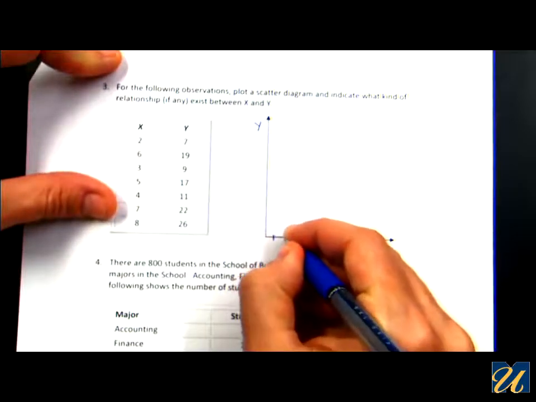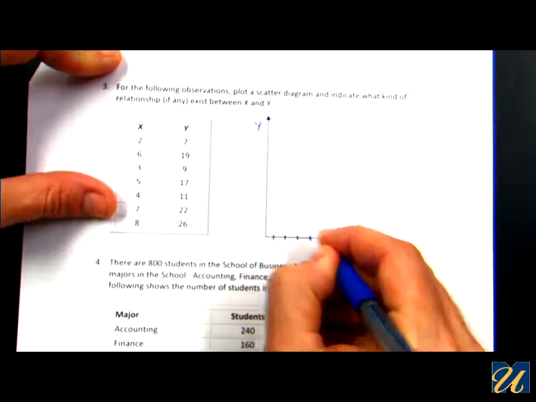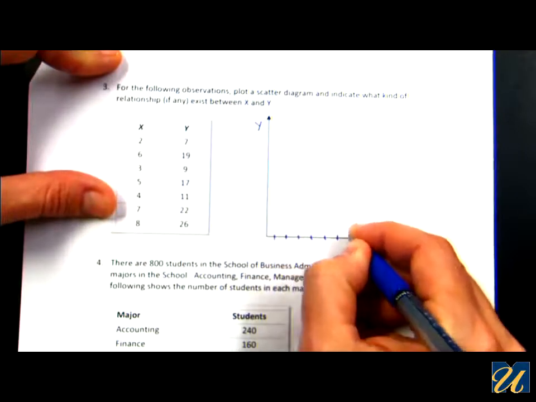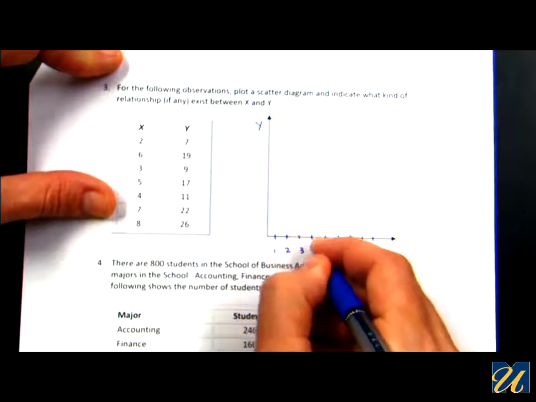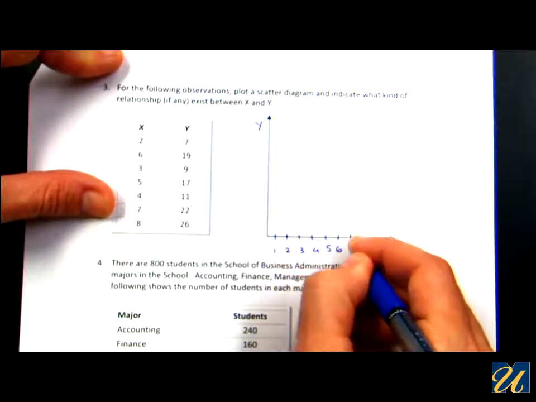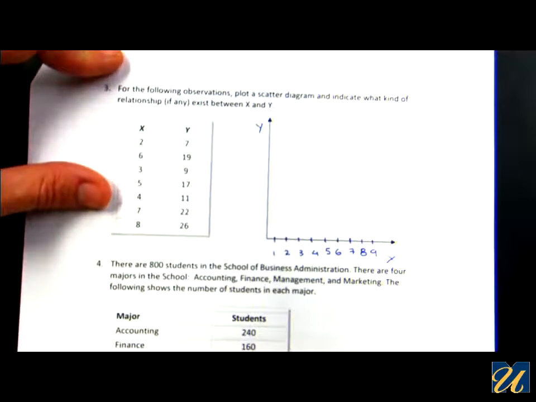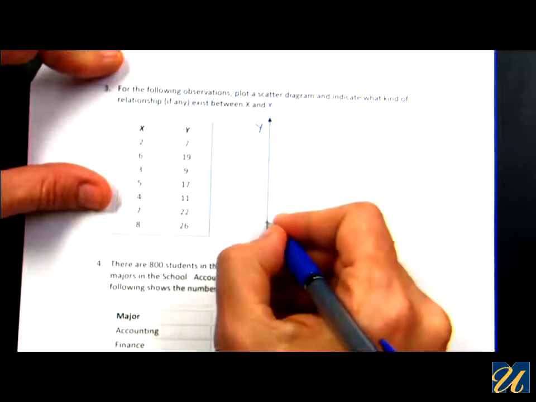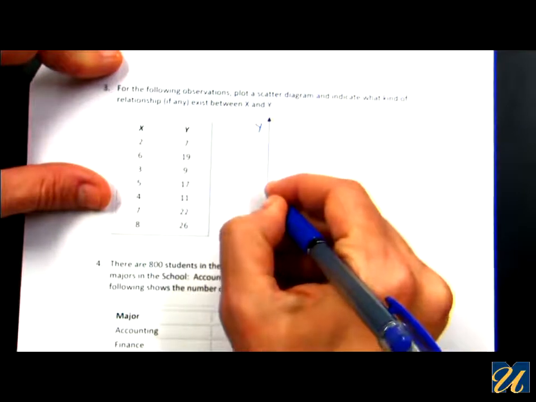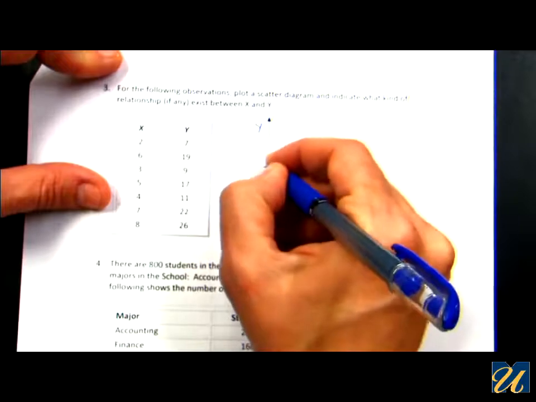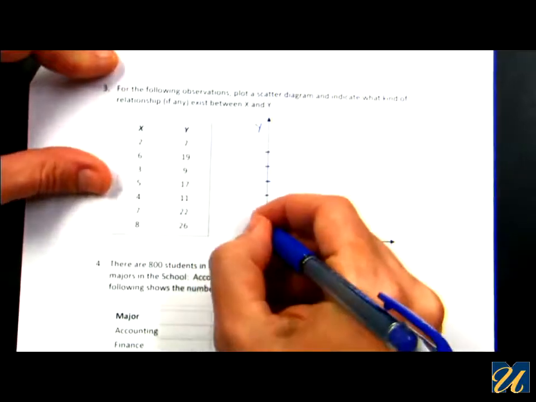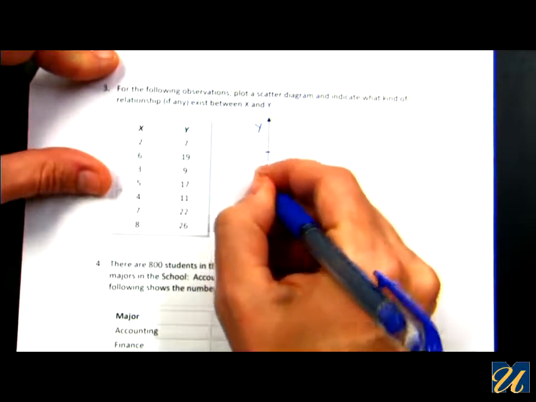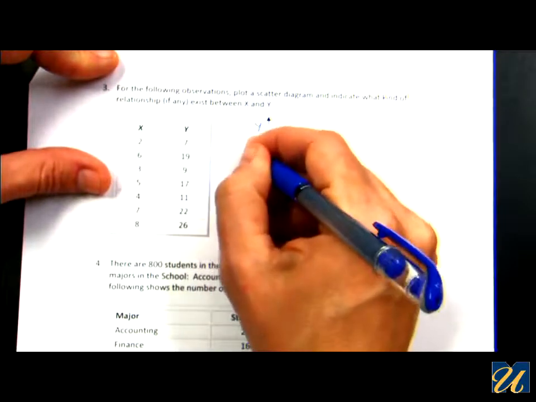So I have 1, 2, 3, 4, 5, 6, 7, 8, and then going by fives for y.